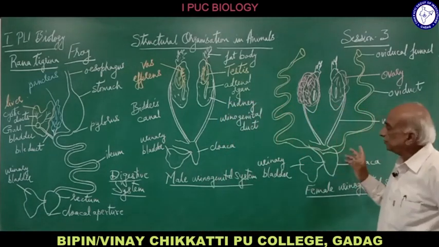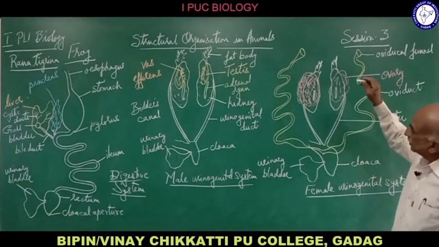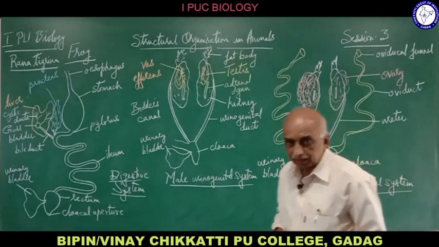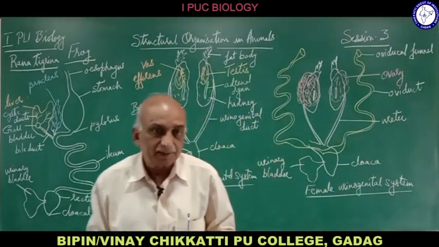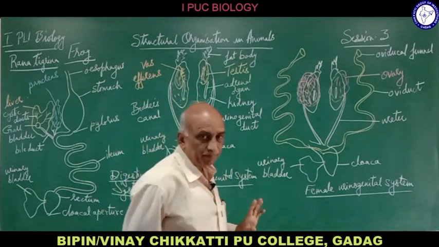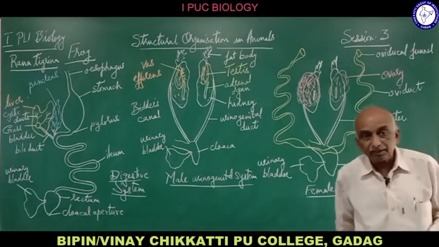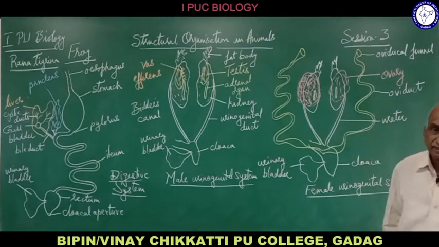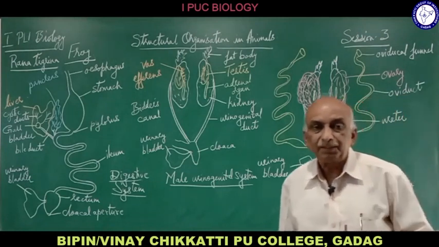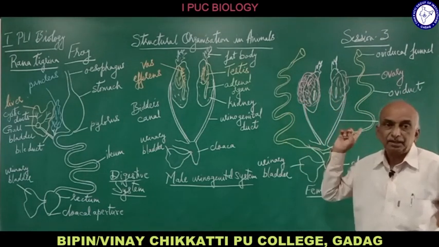So in the female we see the absence of these structures, and the female reproductive organs are the ovaries, which are also present on the kidneys just like the testis. The ovaries are in attachment with the kidneys, but there is no connection between the ovary and the kidneys. That is the only difference between the male and the female frog.